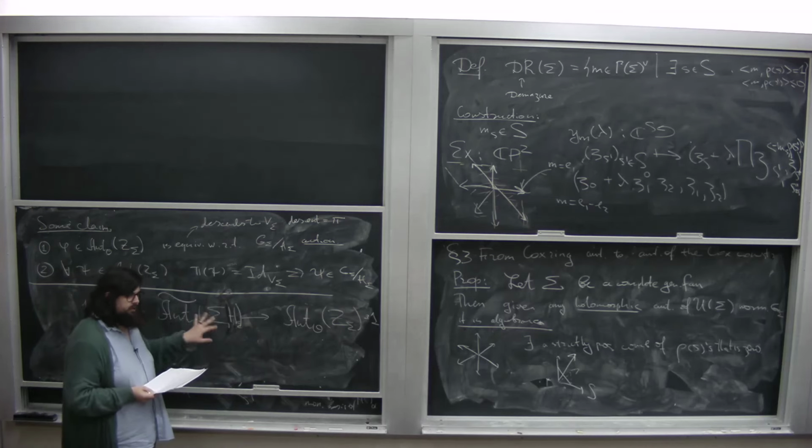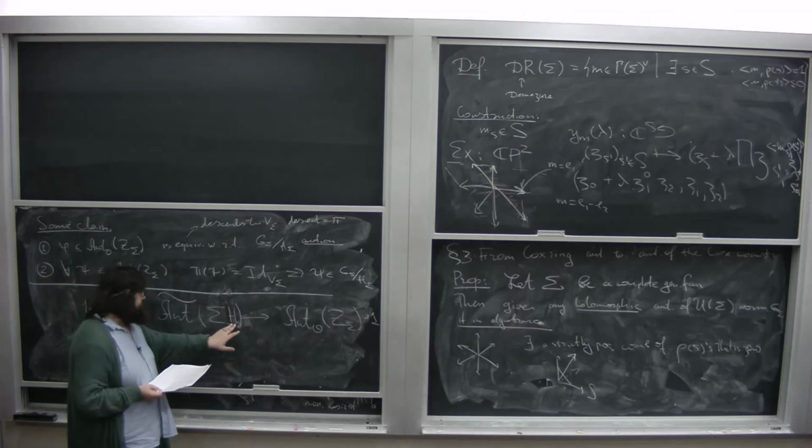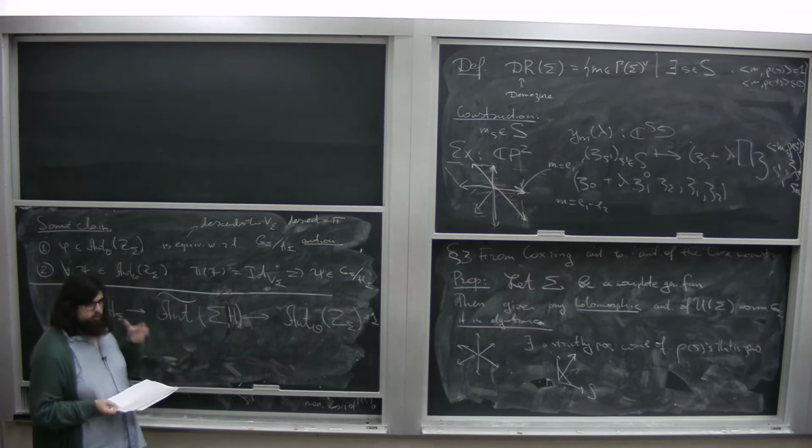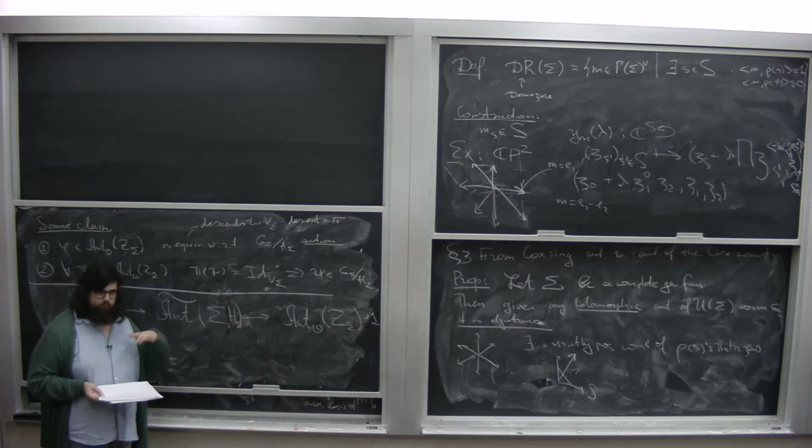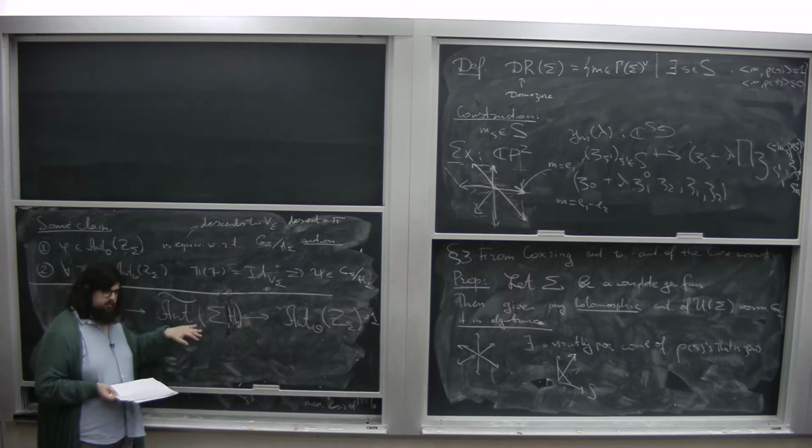This doesn't have any effect on the connected component because it centralizes G sigma, so in particular, it centralizes H sigma. But there might be some automorphisms in the component group that I have to throw out to get this thing.